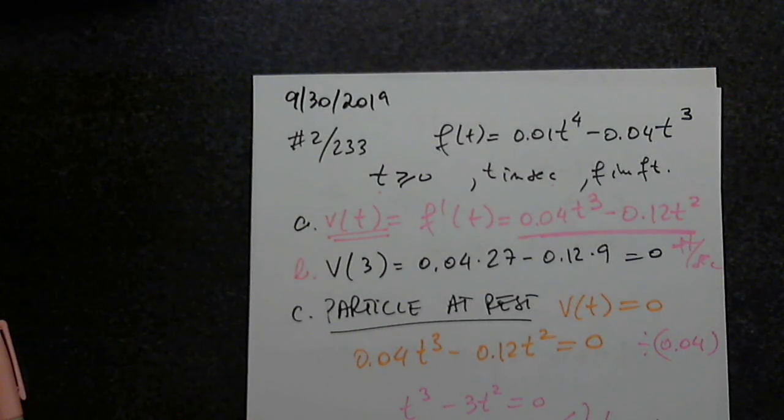So let's do that. In y equals, punch in, clear if you have anything else. And we have 0.01 x to the 4th, and then minus 0.04 x to the 3rd.